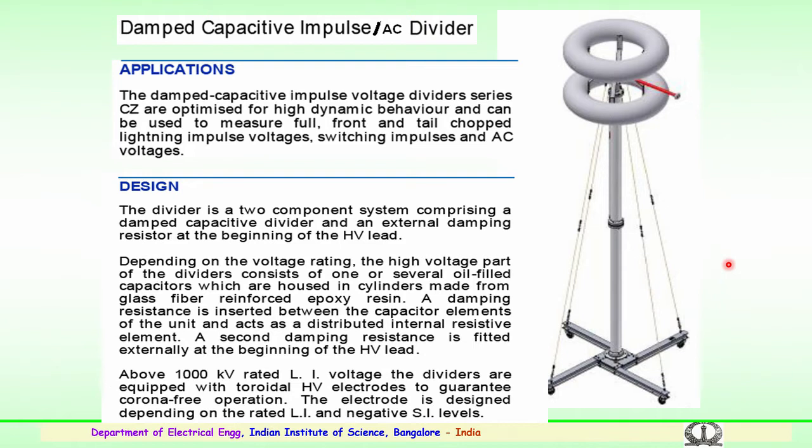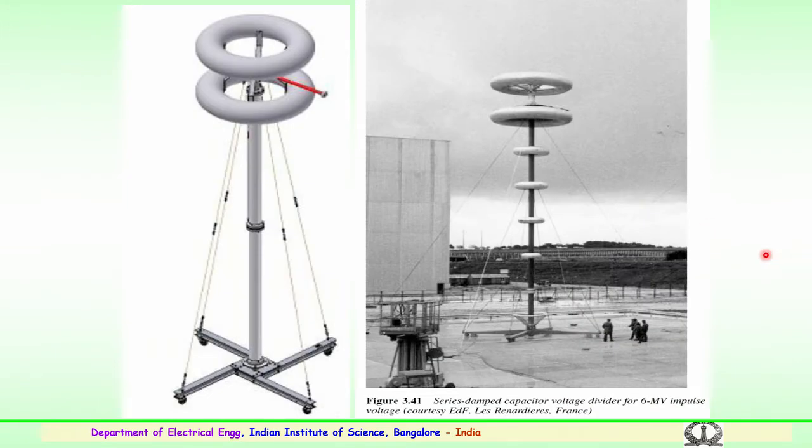The damped capacitive divider we have discussed is used for AC and impulse. These are typical damped capacitive dividers used in the lab, and one example is a series damped capacitive divider for a 6 million volt impulse voltage measurement, used in a high voltage laboratory in France.